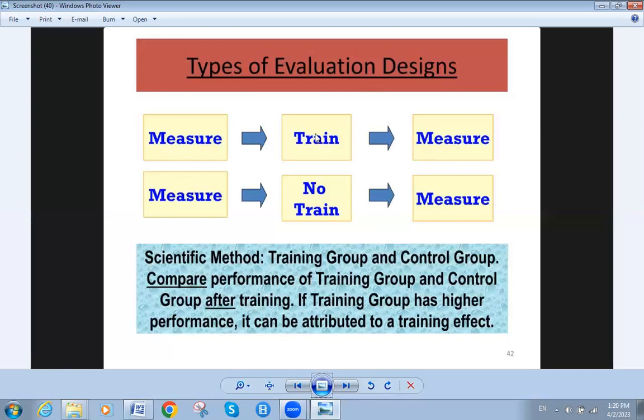Then train him for what he's missing, not for what he knows, but train him or her for what he is missing to be effective. Then measure the performance after training him or her.